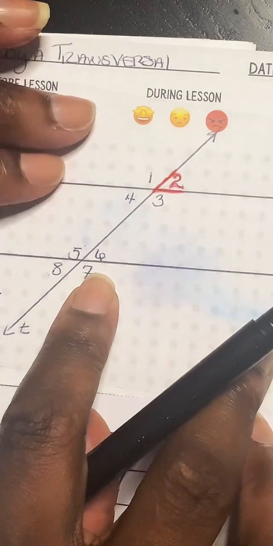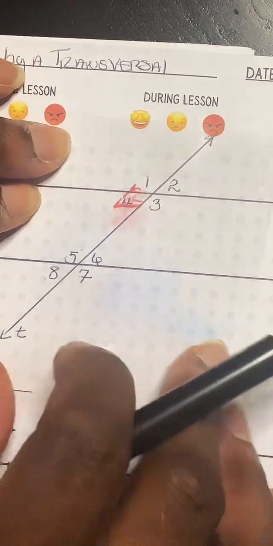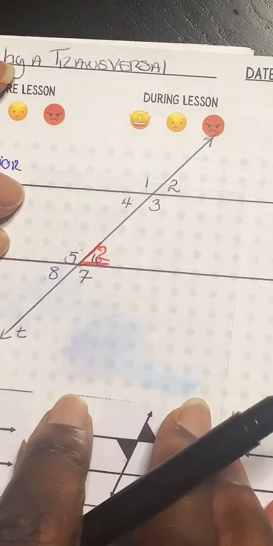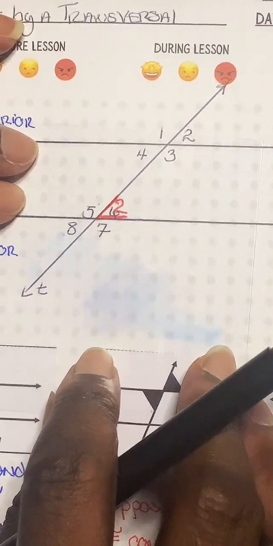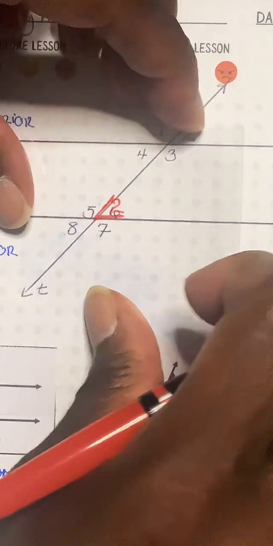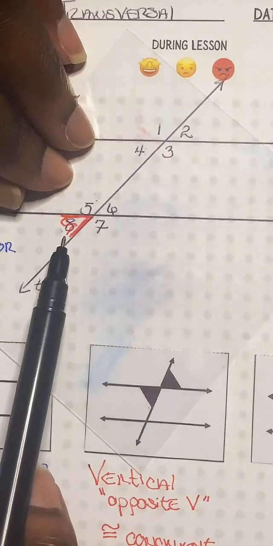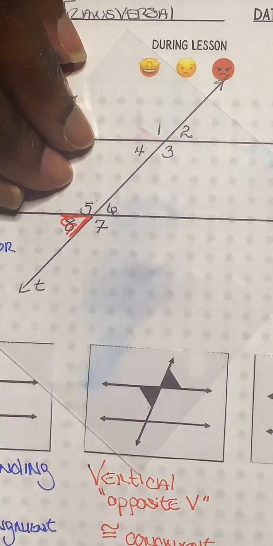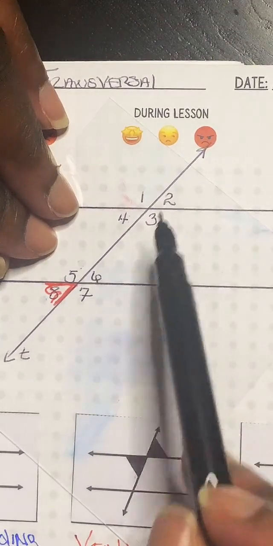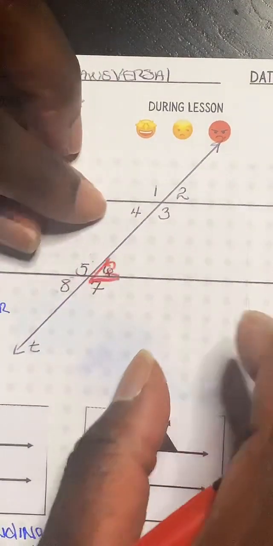So we already know that if I did corresponding, if I slid down my transversal, I know angle 2 will also measure angle 6. But then if I talk about vertical angles, I know that this angle 2 is going to match up with angle 8. So if we put it all together, we're saying that angle 2 and angle 8 are basically the same measure.